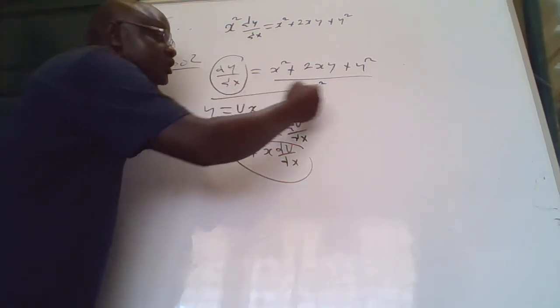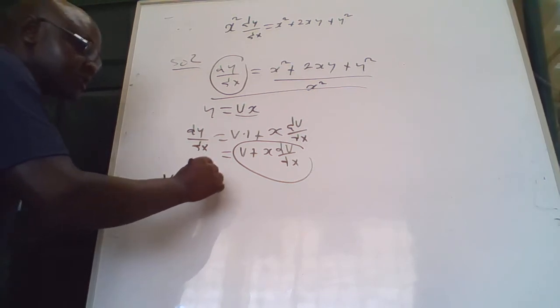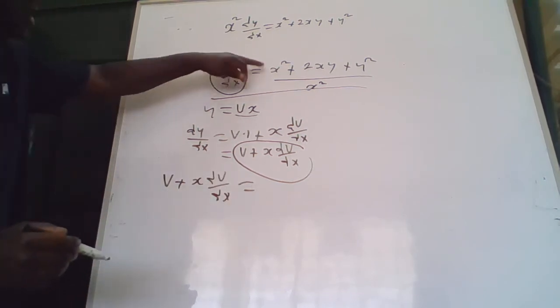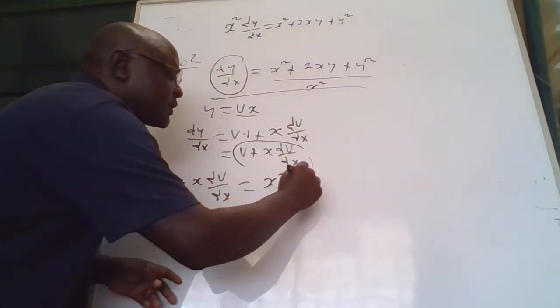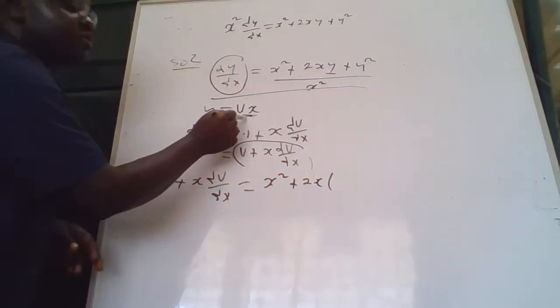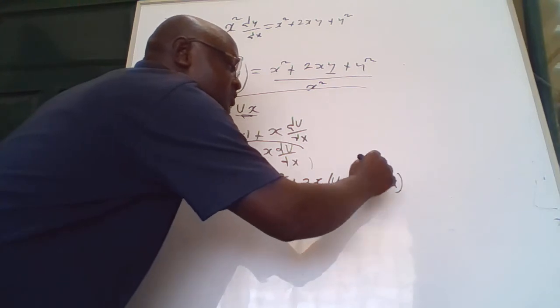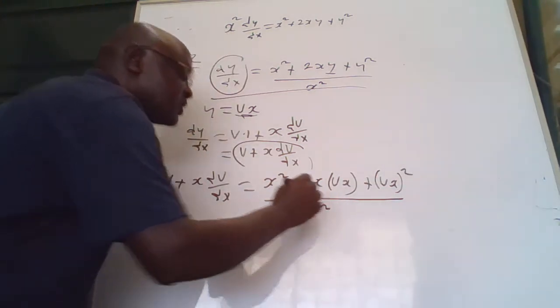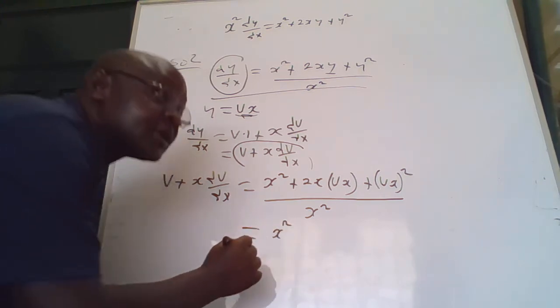Therefore, our equation becomes v plus x dv dx equals x squared plus 2x into vx, then plus vx squared, over x squared.